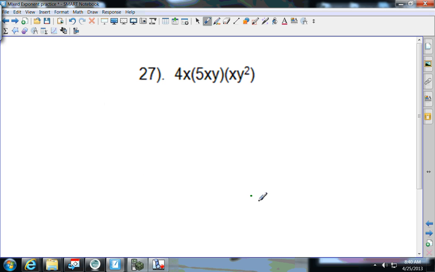Here's the next one. Pause the video and come back and see how you do. Okay, so the first thing I'm going to do is multiply these two parentheses first. 5 times 4 is 20. X times x, that's x squared. And there's only that one y, so that stays there. All right, so you have all this now. And now you bring down that other parentheses.